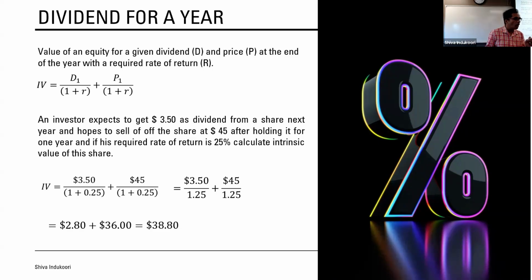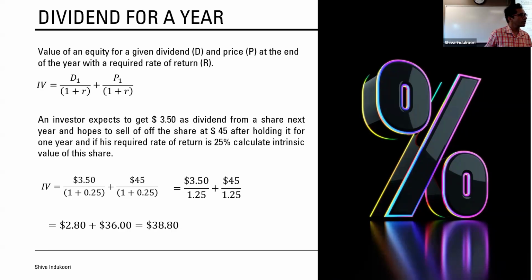Will you buy or you don't buy? Don't buy? Anyone else? I repeat the question. Our fair value of the stock is $38.80. And right now, you want to make an investment decision on this, which is getting traded for $40. What do you think? You will buy or you don't buy?